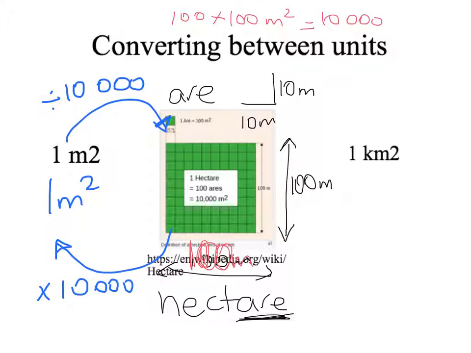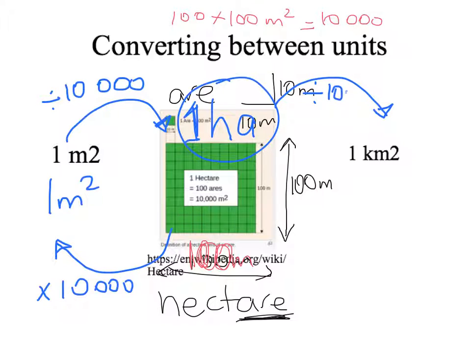Now, in the middle here I've got 1 hectare. From hectares to kilometres squared, I divide by 100. And to go back the other way, I multiply by 100. In your books I'm going to give you a clean version of this that I want you to pop into your notes. That's coming up on the next slide.